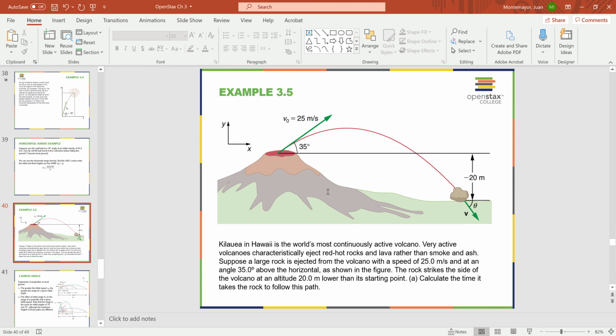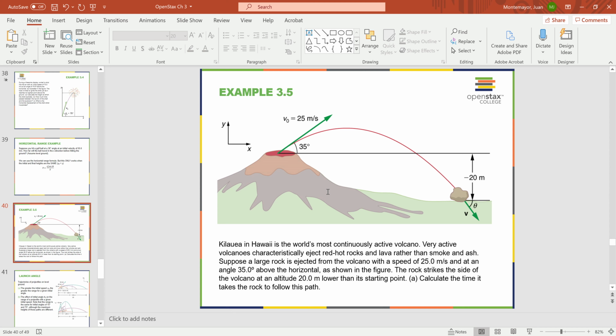Okay, for our next example here, we have Kilauea in Hawaii, the world's most continuously active volcano. Very active volcanoes characteristically eject red hot rocks and lava rather than smoke and ash. Suppose that a large rock is ejected from the volcano with a speed of 25 meters per second, so it's already a projectile, and at an angle of 35 degrees above the horizontal, as shown in the figure.